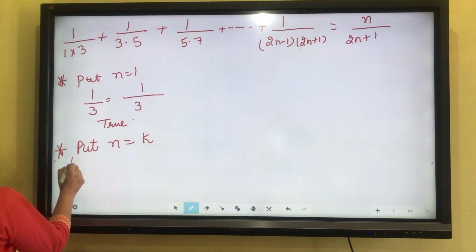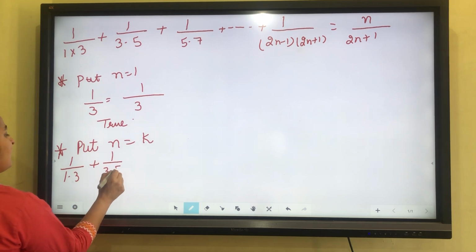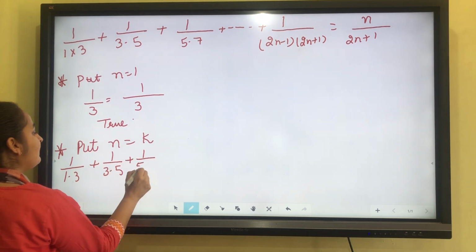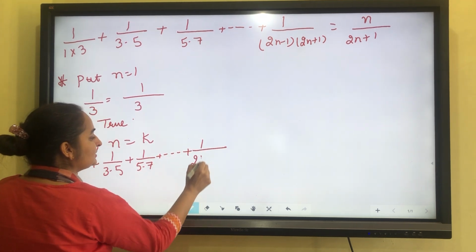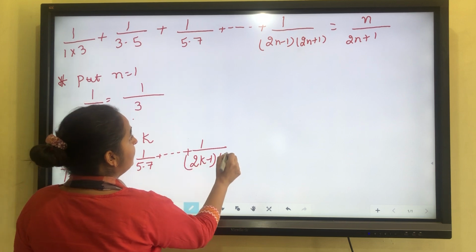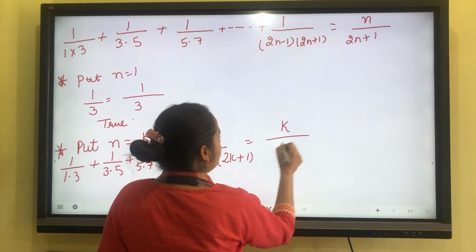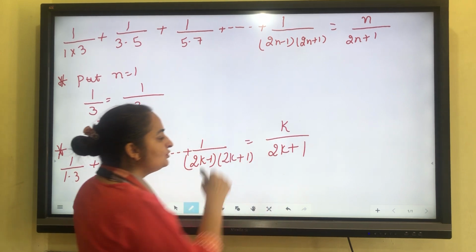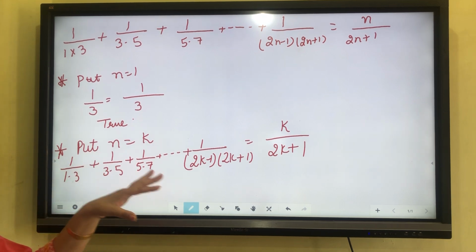Write the equation 1 upon 1 multiply 3, 1 upon 3 multiply 5, 1 upon 5 multiply 7 and so on, 1 upon, in place of n, I am using k, which is equal to k upon 2k plus 1. There is no need to solve any question or use any method in the second step. The main step is the third step, where we have to prove the left hand side is equal to the right hand side.